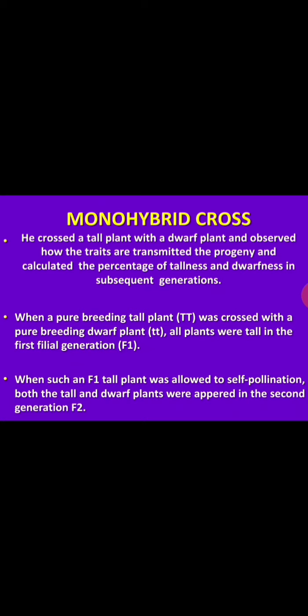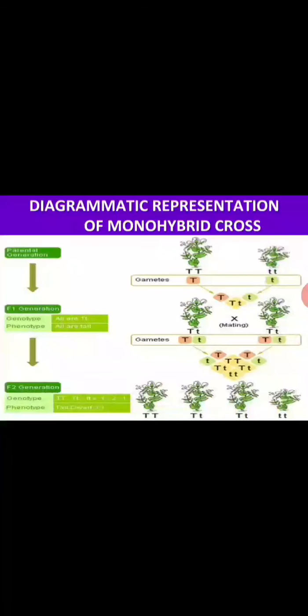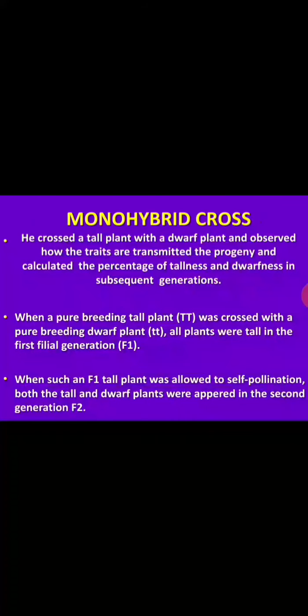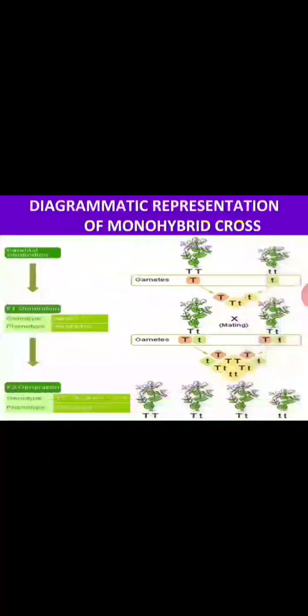When a pure breeding tall plant was crossed with a pure breeding dwarf plant, all the plants were tall in the first filial generation. When such F1 plants were allowed to self-pollinate, both tall and dwarf plants appeared in the second generation.